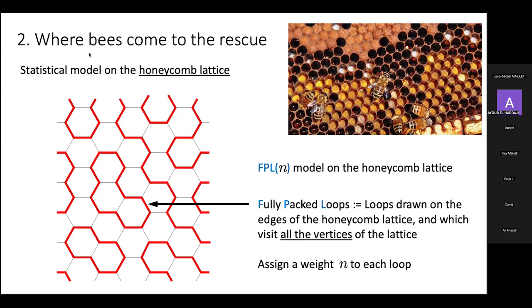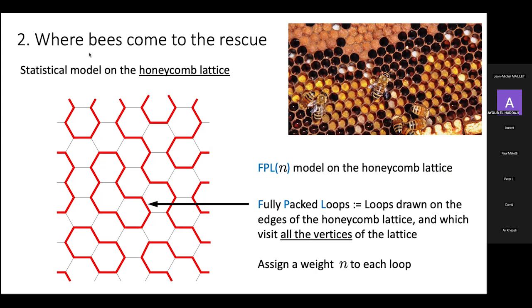So you define what is a fully packed loop model, FPL, of n. n will be the fugacity, the weight associated to each loop. So you fill your lattice. This is the lattice. So actually, in the calculations we made, we were on a sphere. So you won't see the sphere here, but think about the sphere topology. And you fill your lattice with loops, and you leave no vertex unvisited.